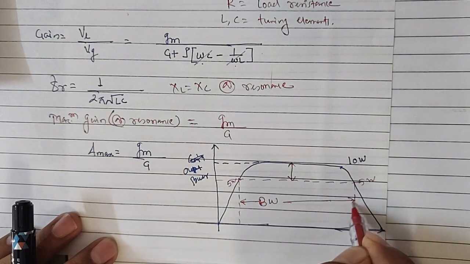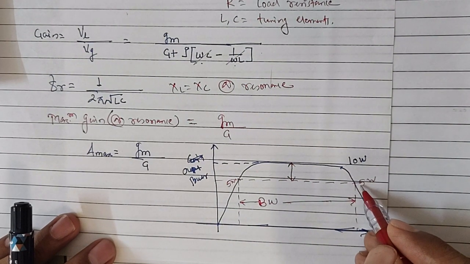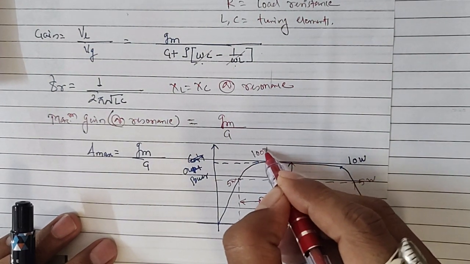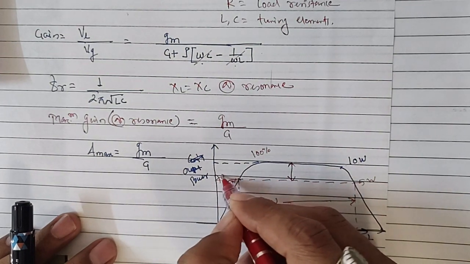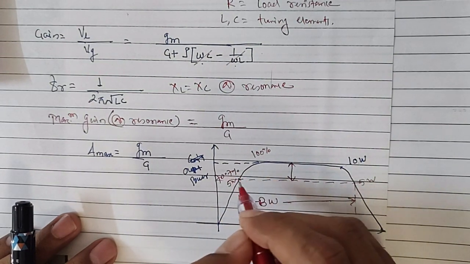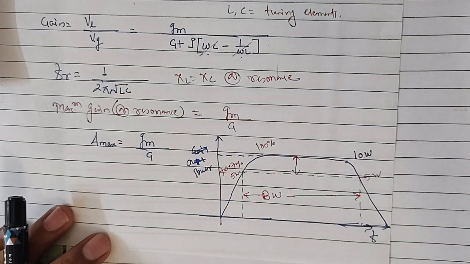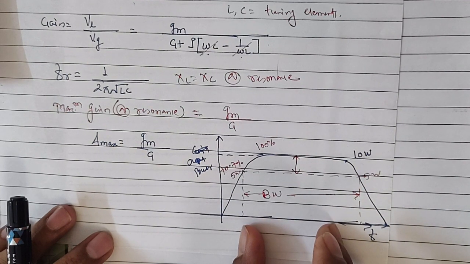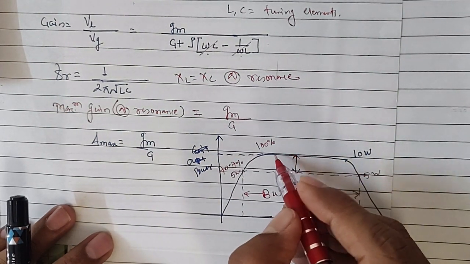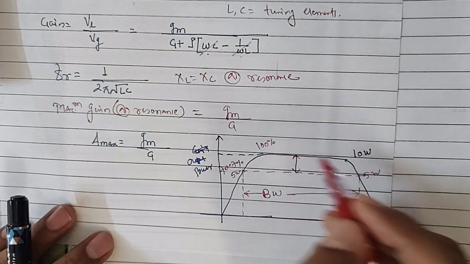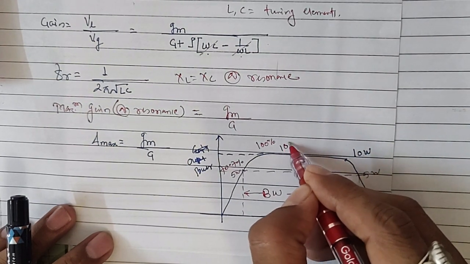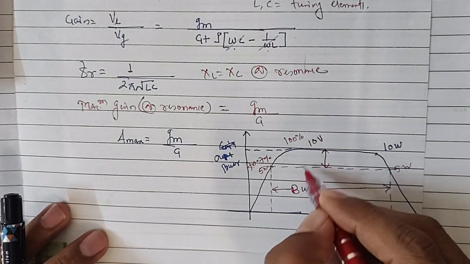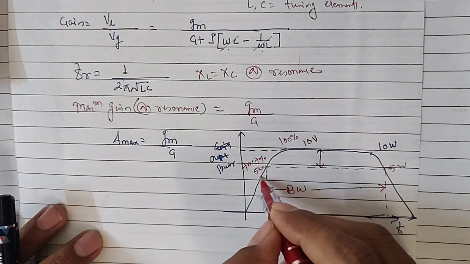So why do we take half power? Because the bandwidth definition says that from 100% or A max value, if you deteriorate up to 70.7%, that is acceptable. Up to that deterioration is acceptable. So that is the satisfactory range of frequencies over which any circuit can operate satisfactorily. So if it is, let us say, 10 volts, while determining bandwidth it would be 7.07 volts on either side.